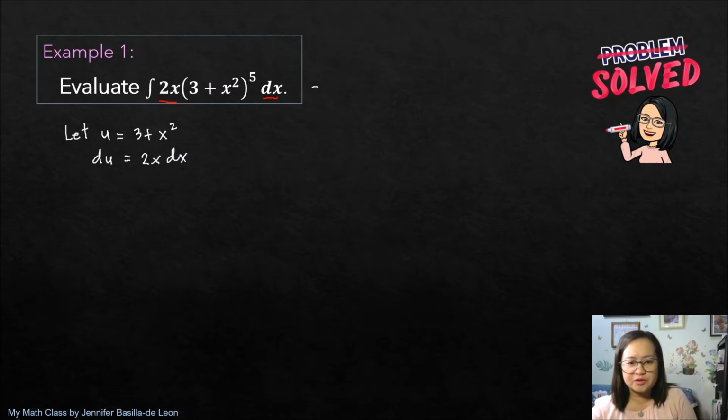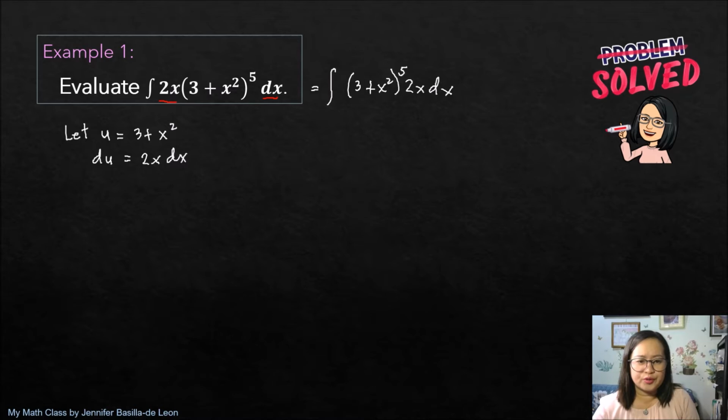So we can rearrange the terms in the integrand. So we can have 3 plus x squared raised to the fifth power times 2x dx. Note that 2x dx is equal to du.